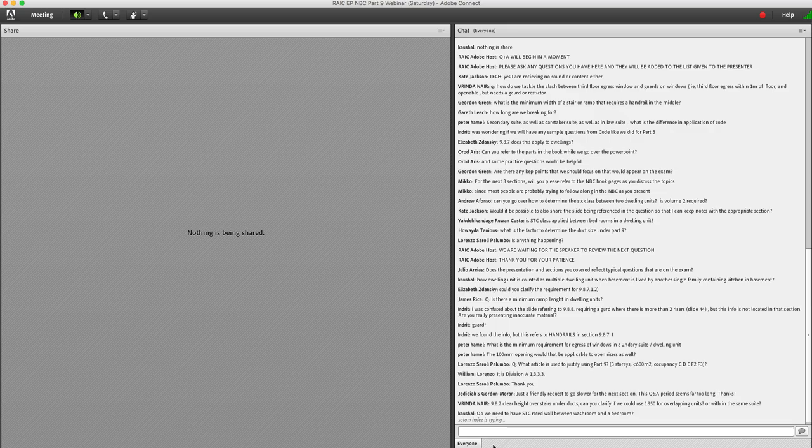Fire protection part 2 describes fire protection and fire separation. Okay, I do have another question here: what is the factor to determine the duct size under Part 9, and when does it apply? If I'm understanding the question correctly, I believe it's related to NBC 9.32.3.11.